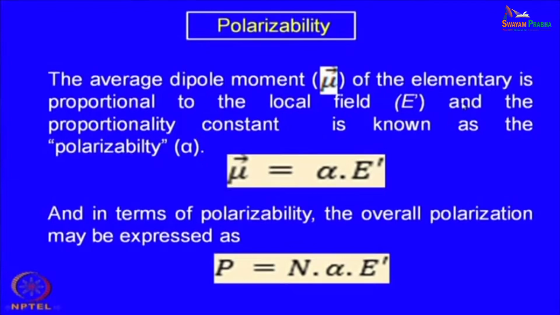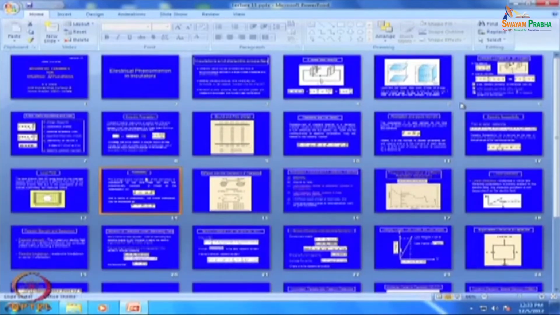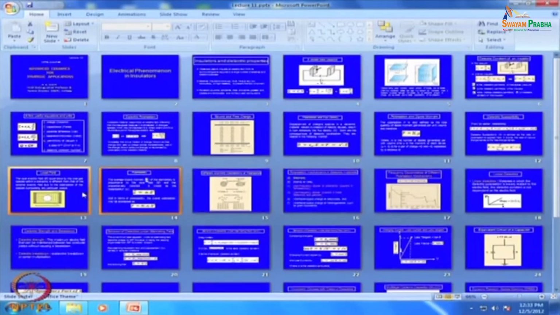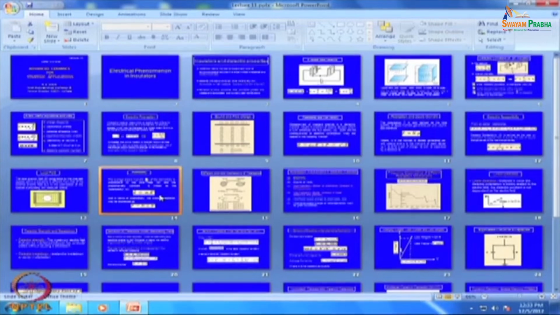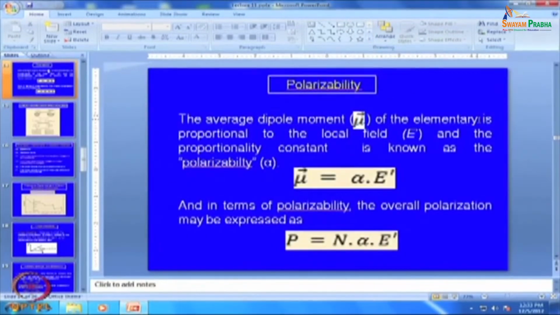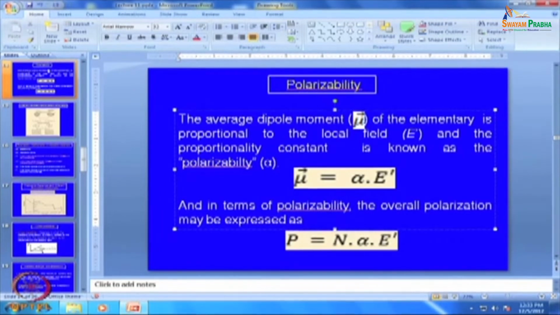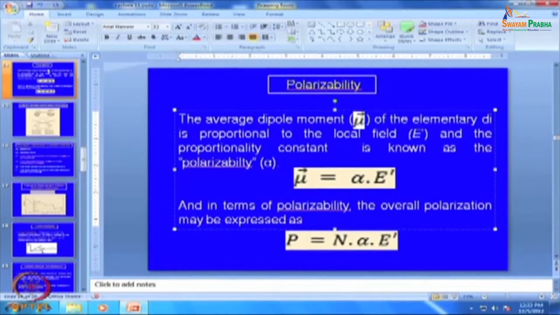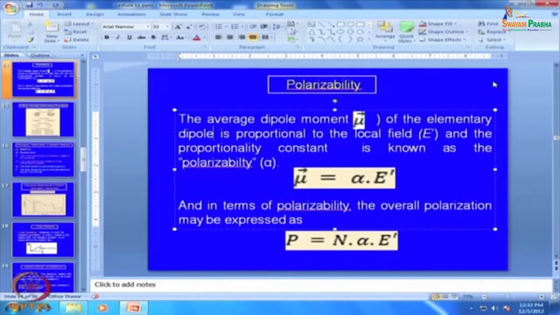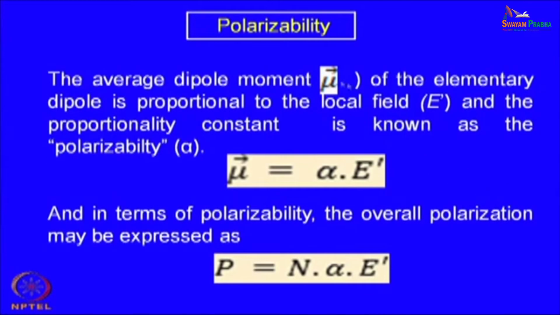This should be elementary dipole. Right, mu bar is proportional to the local field E prime, and the proportionality constant is known as the polarizability, with a parameter like alpha.